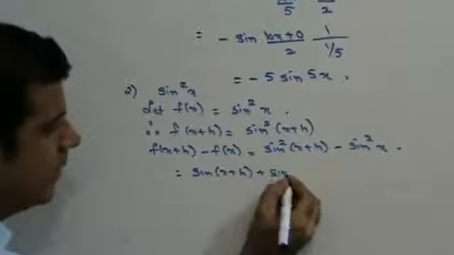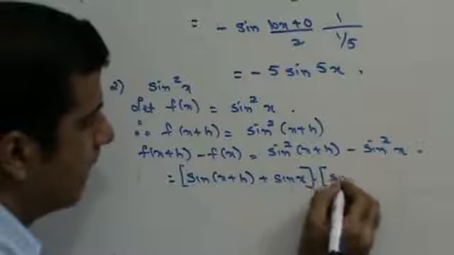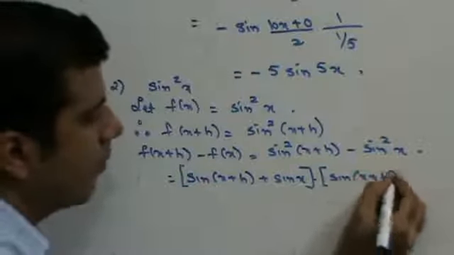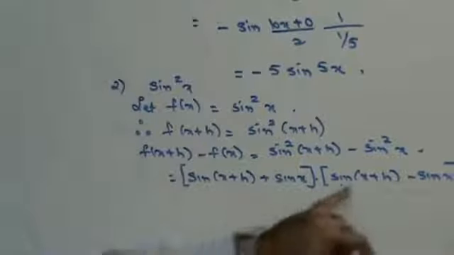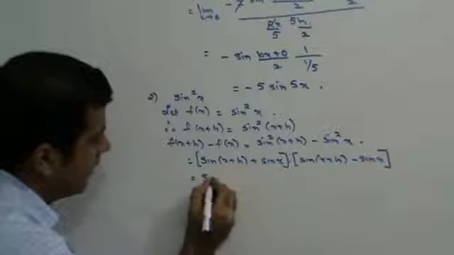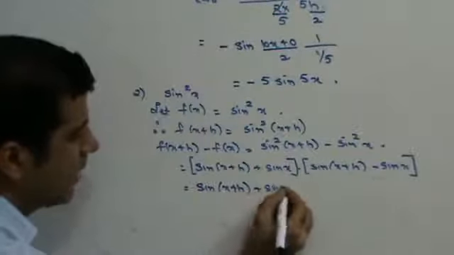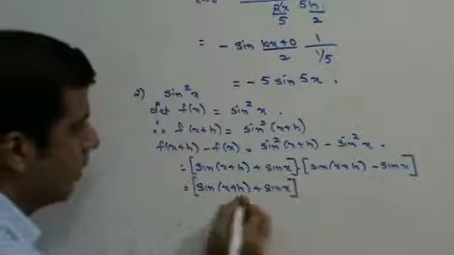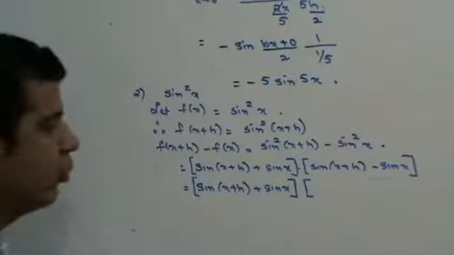A square minus b square is nothing but a plus b into a minus b. A plus b, a minus b. Let this term be as it is. This can be written as sin(x plus h) plus sin x. Now, sin minus sin is nothing but 2 cos sin.